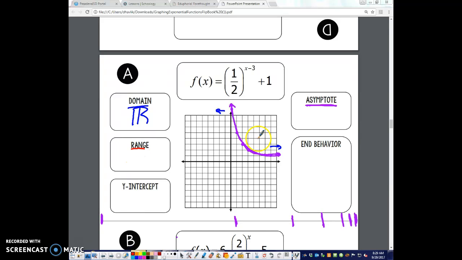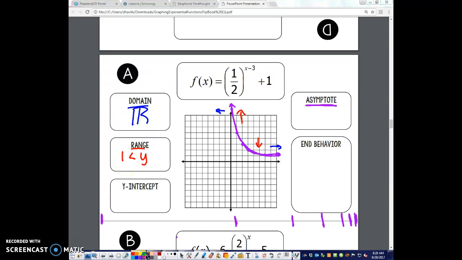So range, how far down is this going to go? How far down does it go? It goes to 1. Does it actually touch 1? No, it doesn't. So you do not put that equal sign under there. How high up does it go? Infinity. So we don't have to put that, okay? Because we know it goes on forever. So the range is going to be y is everything greater than 1.